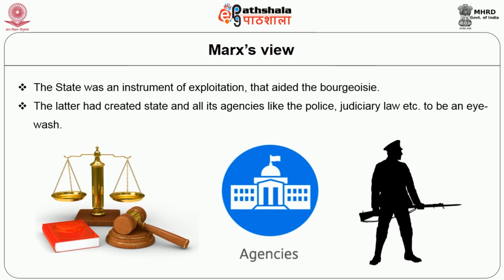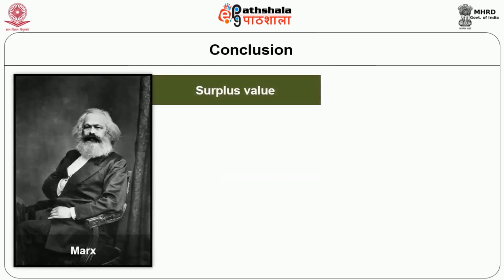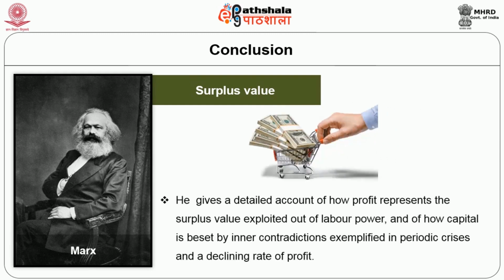These were created to be an eyewash. Thus, we can say the theory of surplus value given by Marx is an outstanding concept. In Capital, Marx gives a detailed account of how profit represents a surplus value exploited out of labor power and of how capital is beset by inner contradictions, exemplified in periodic crises and a declining rate of profit.